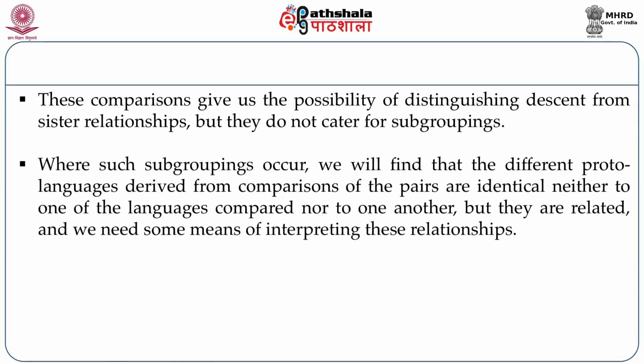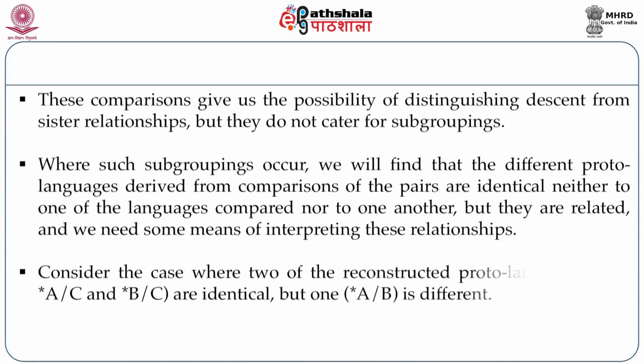Where such subgroupings occur, we will find that the different proto-languages derived from comparisons of the pairs are identical neither to one of the languages compared nor to one another, but they are related, and we need some means of interpreting these relationships. Consider the case where two of the reconstructed proto-languages, say AC and BC, are identical, but one, AB, is different.